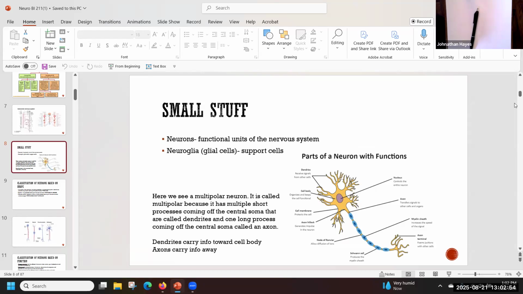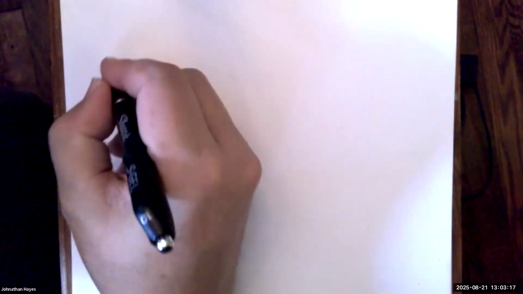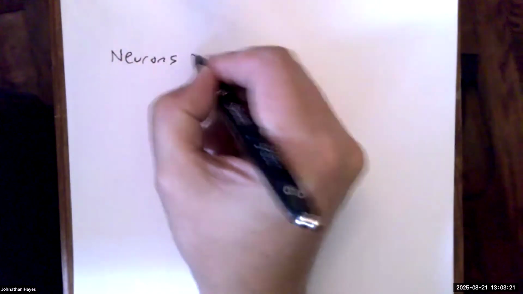So what I'm going to do, this is what I found to be easiest when I make recordings, is I'm actually going to get off my screen here, and you can see a little box up in the corner. This is just a little document camera, and I'm going to draw some pictures for you. One of the most common pictures we draw when we talk about neurons, which are considered the functional units of the nervous system.